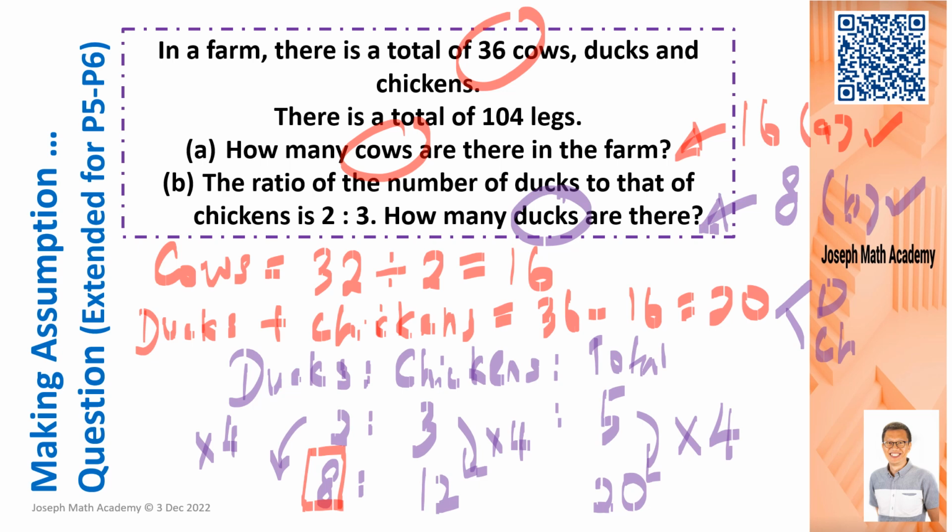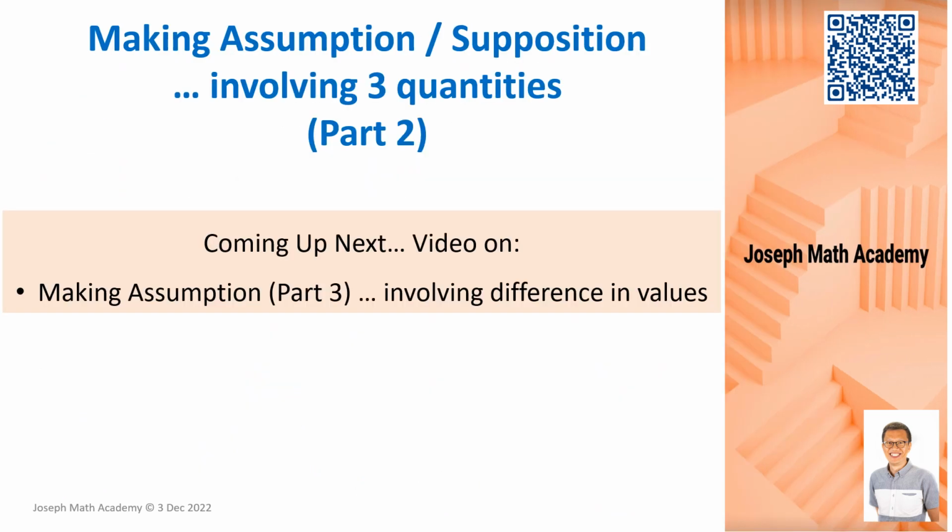It's actually not so difficult after all. Now, I have already shared with you how to go about making assumption or making supposition to tackle problems involving 3 quantities. Remember, if there are 3 quantities, we need to study carefully whether we can regroup them into 2 big broad categories. Once we have 2 big broad categories, our making assumption strategy works, with the same way of writing the equations.